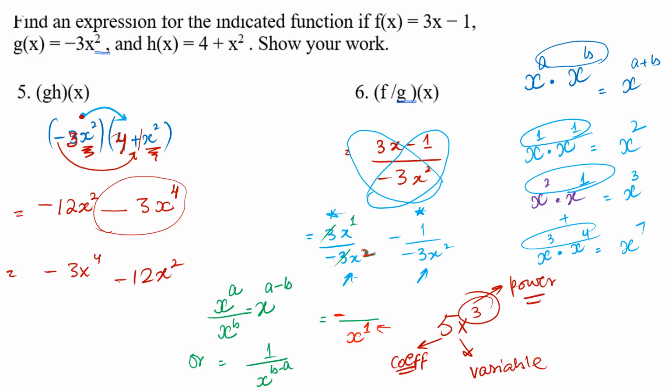It's automatically assumable that if there is no power, it means there is power 1. Nothing left on the top, it means write the 1. Now minus times minus gives us plus, and we cannot simplify more. So 1 over 3x squared. So this is our final answer.